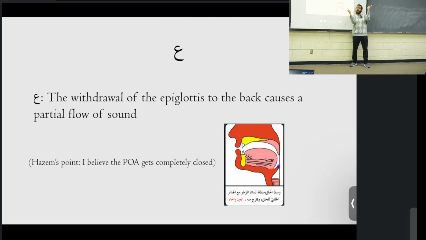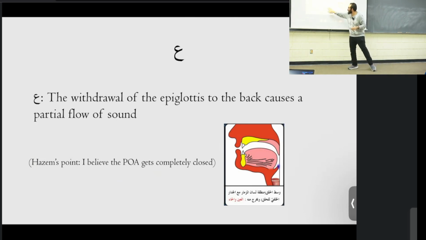The idea is, there's not a complete flow of sound like ya, for example. Ya'malun, ya'malun. You don't say ya. Don't say that. Say ya'malun. Okay? So there's a partial flow of air in the ayn.